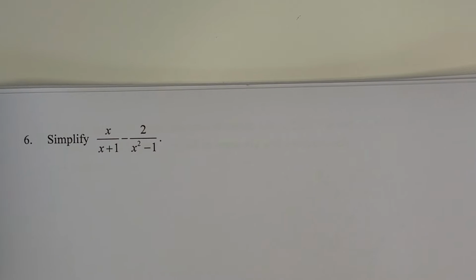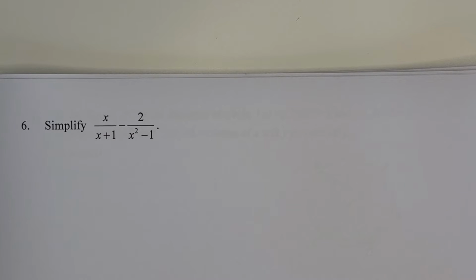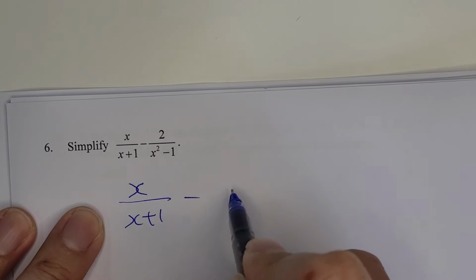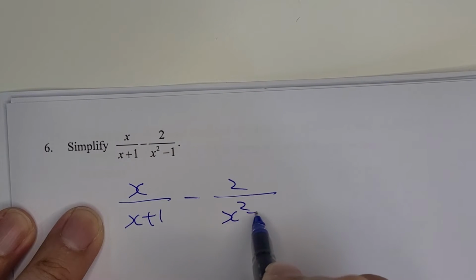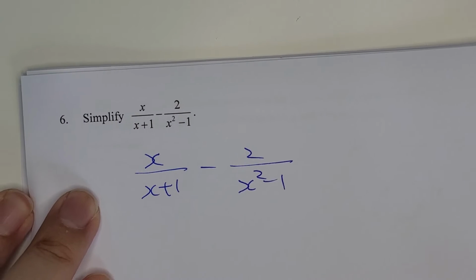And move to question number 6. You need to simplify x over x plus 1 minus 2 over x squared minus 1. Before you start, you need to pay attention to these two denominators.